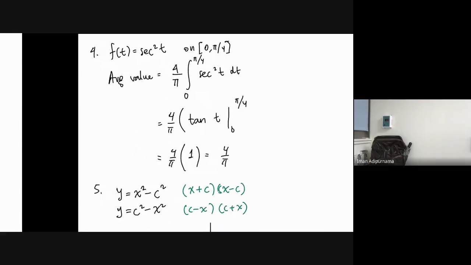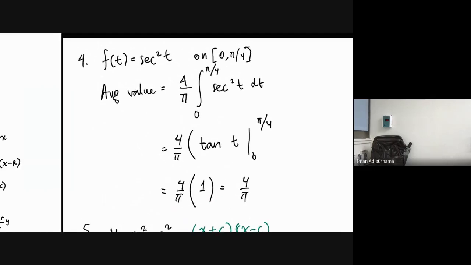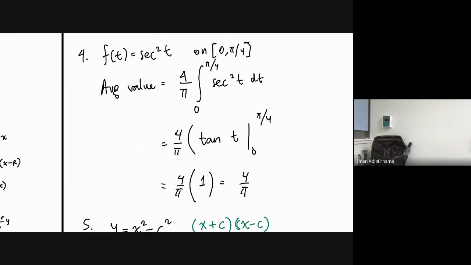Now, as I said in the quiz, this is the easiest question that I gave to you. I hope you got it correct. Almost all of you got it correct, 4 over pi. So the formula, because it's asking for the average value, you need to include 1 over b minus a. Or let me write here.